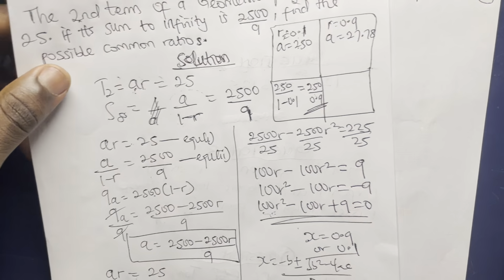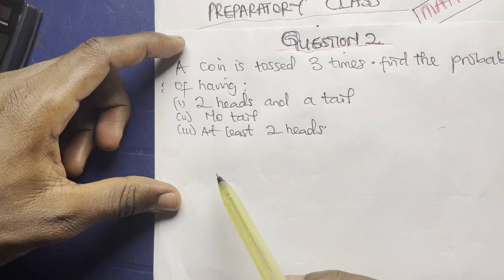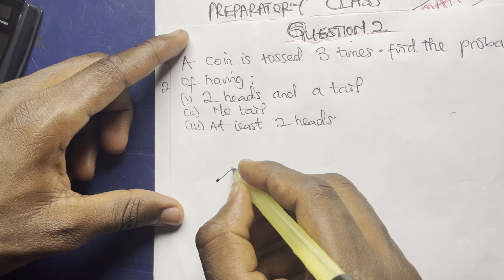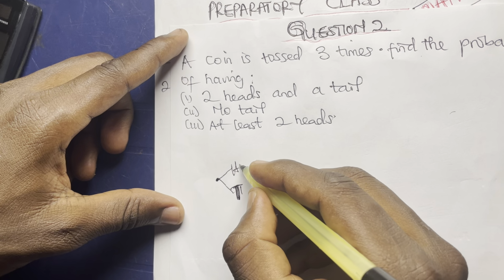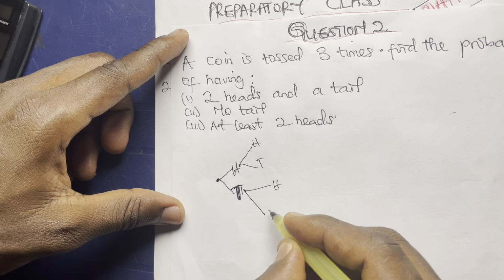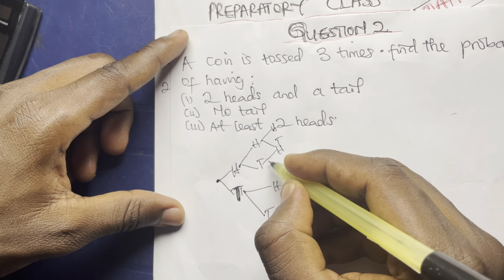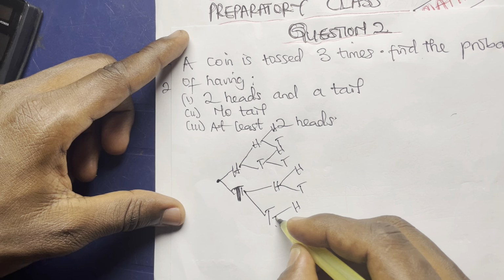All right, now let's go to the second question. It says a coin is tossed 3 times. If you toss a coin, you have head or tail. This is the first toss, second toss, and third toss.